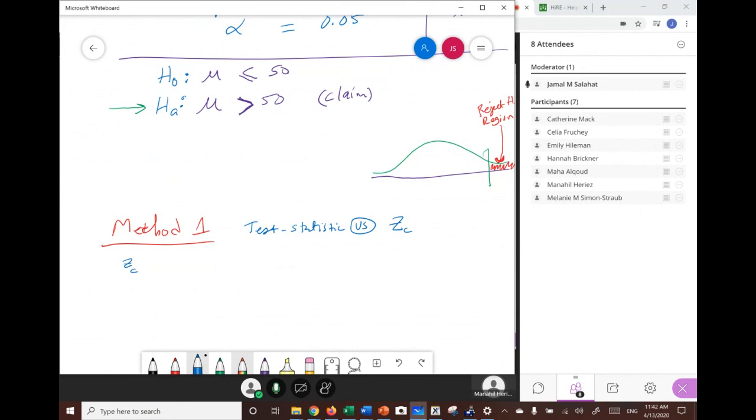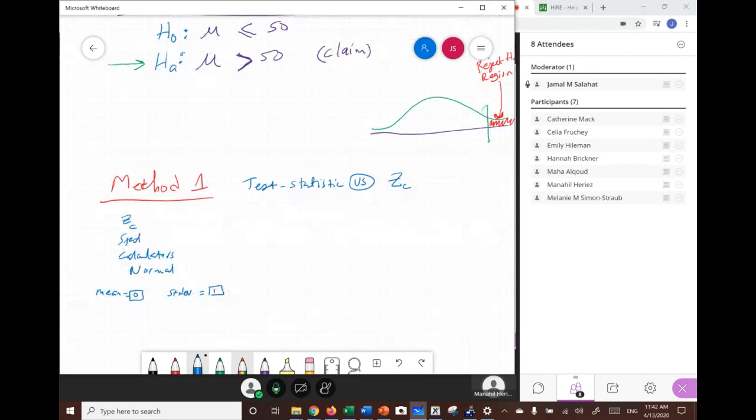To find Z critical, you go through these steps: Stat, Calculators, Normal, and then the mean will be 0 and the standard deviation will be 1 again. Because this is a right tail test, X will be greater than or equal to. And in the last box, you fill in the alpha.